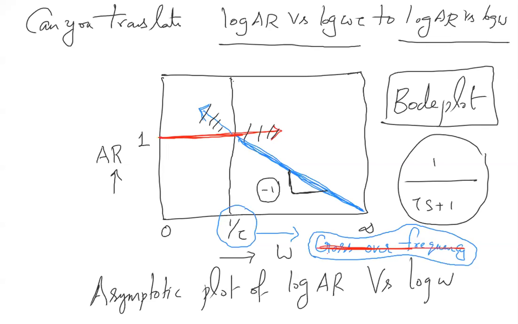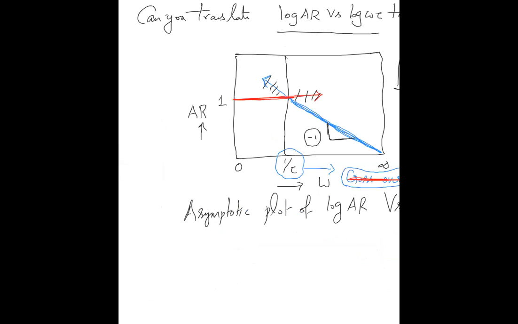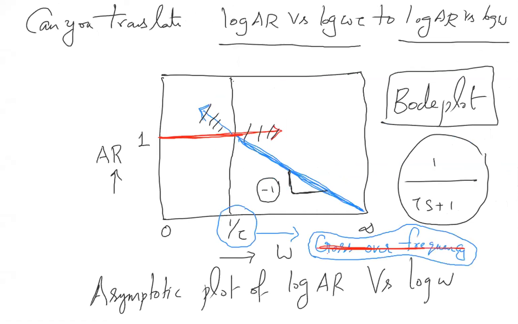Just give me a minute to check it out once. The names are confusing sometimes. Yeah, this is corner frequency. Crossover frequency will come in the Bode stability criteria. Change this one. This is corner frequency.